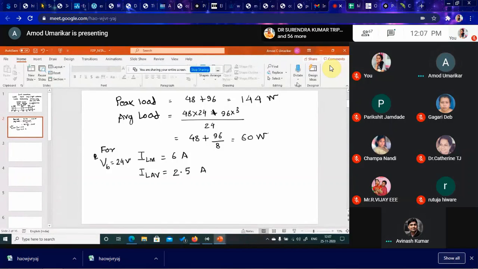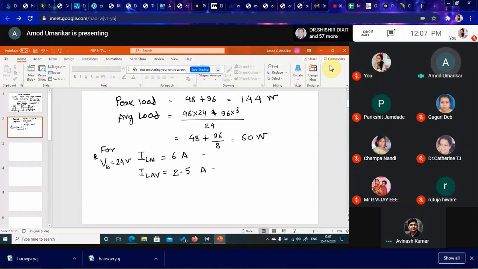So there are two types of current, ILM and IL average. ILM will decide the peak current drawn by the battery, and IL average will decide the average current drawn by the battery.